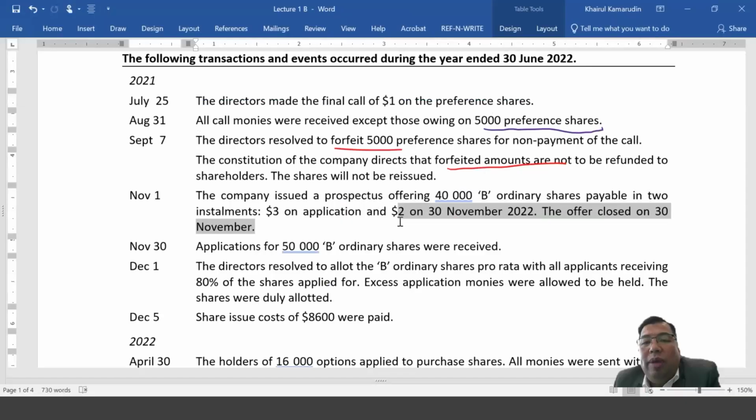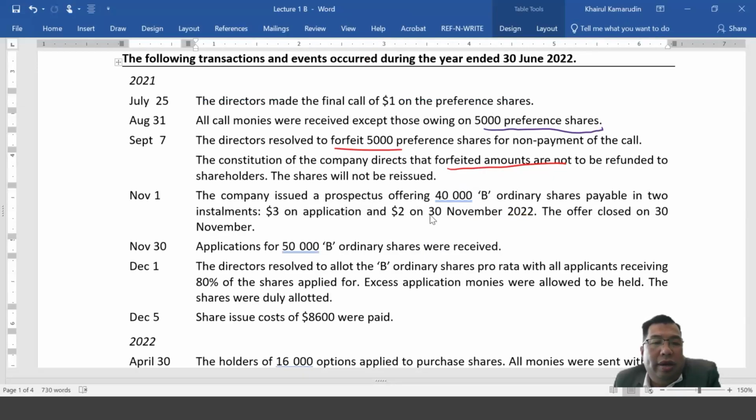So you have to make two payments. We're going to invite investors to buy these 40,000 B ordinary shares in two installments, $3 when they submit the application and the remaining $2 when we make the call, most probably on 30th November.